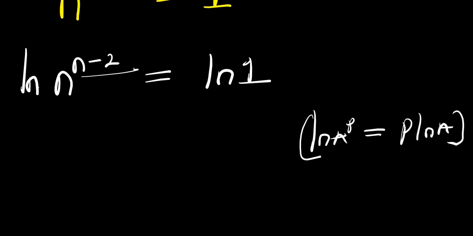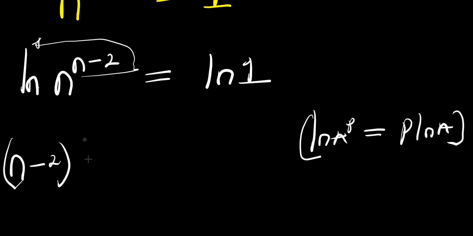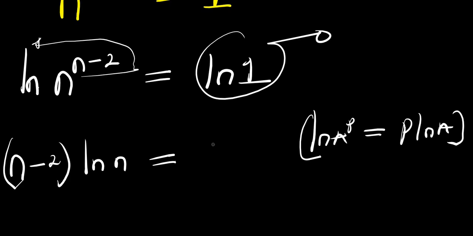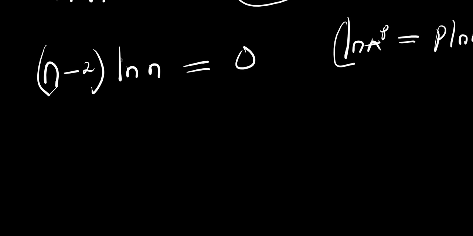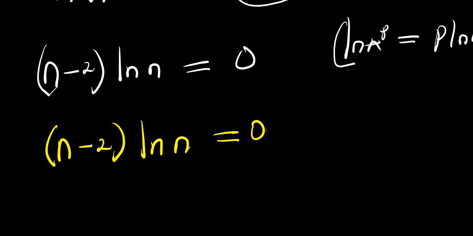So the n minus 2 will come in front. That means we have (n minus 2) times natural log n equals natural log 1, which is 0. So right now we have (n minus 2) times natural log n equals 0.